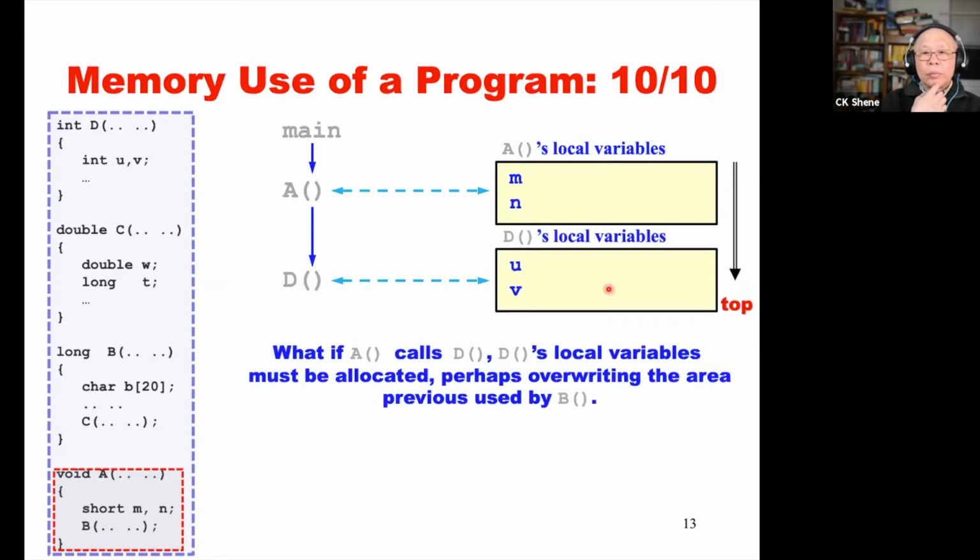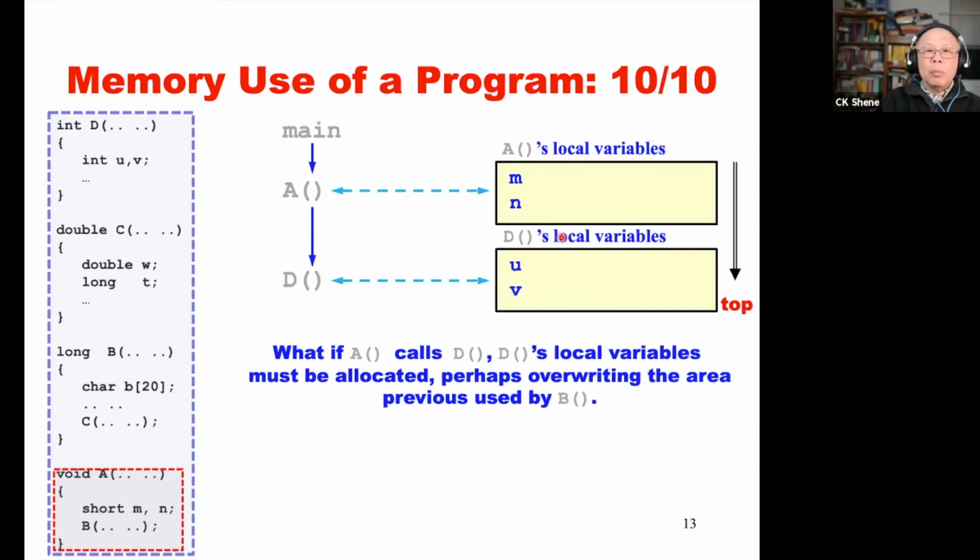Now, what if function A calls D? A calls D is not shown here because I don't have space to put more statements. Because D is called from within A, A's local variables must still be there because A hasn't returned.